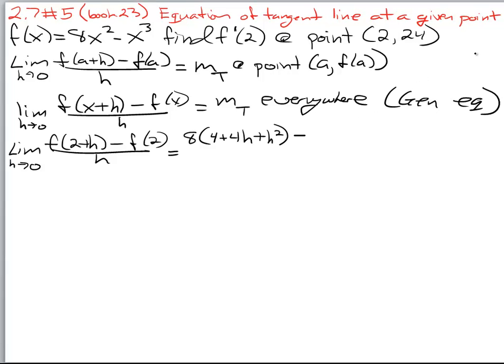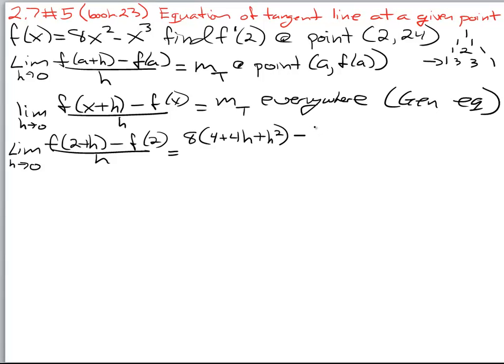If you don't remember how to, you can either square it and then FOIL it, or you can do Pascal's triangle, right? 1, 2, 1, 1, 3, 3, 1. So there's my cubic. So that means these are the coefficients in front of the terms, in this case 2 and h, that are being raised to different powers.